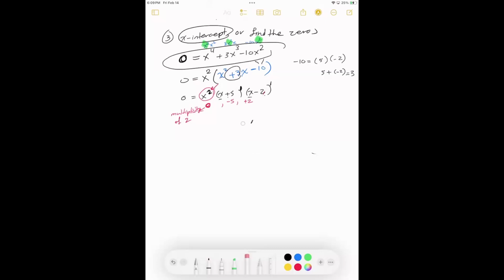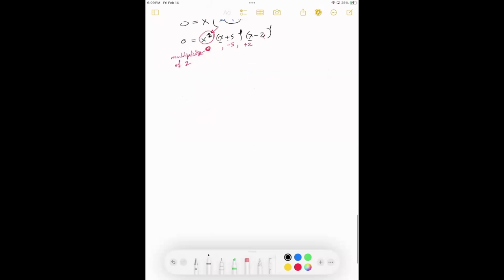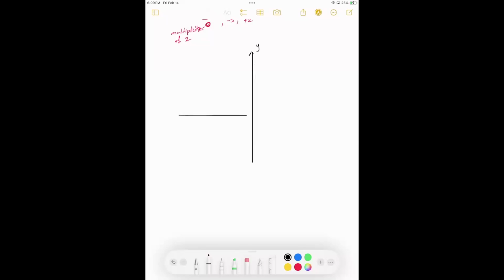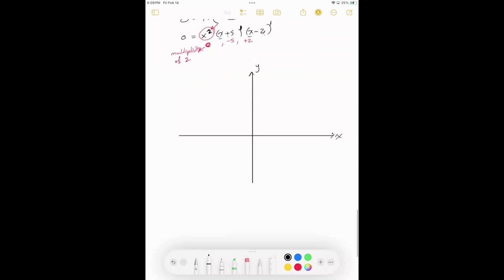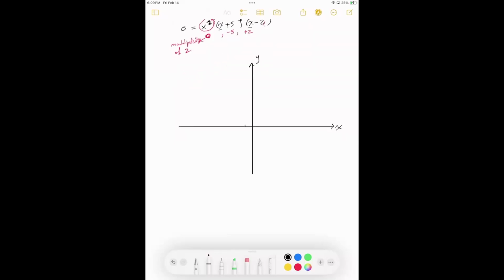Let me just draw a better xy axis. I have negative 5. I have a positive 2. I have a 0.